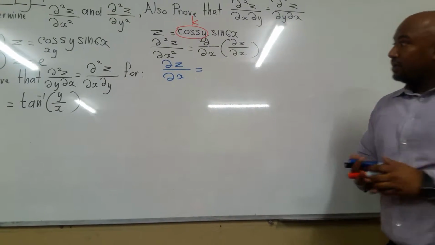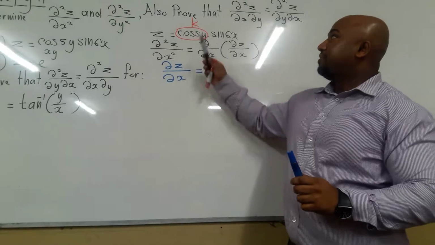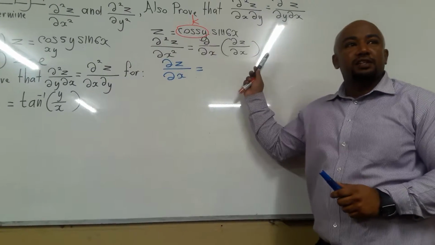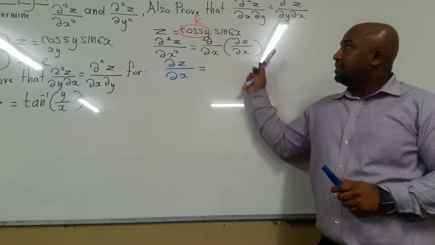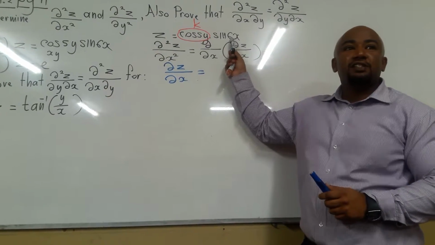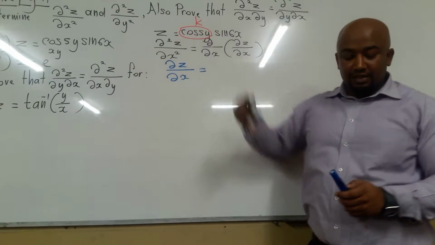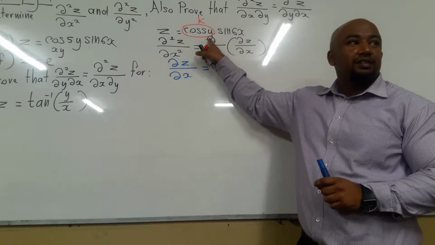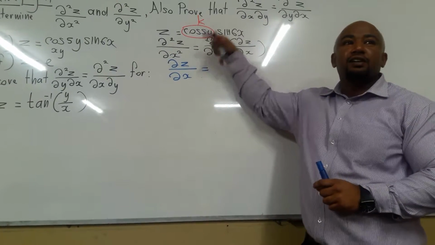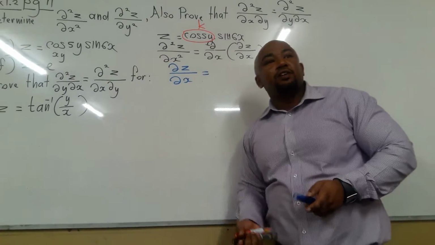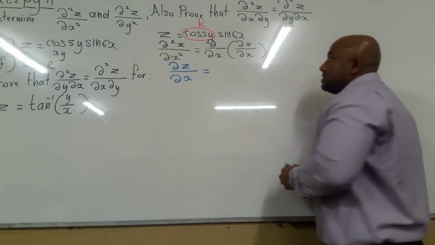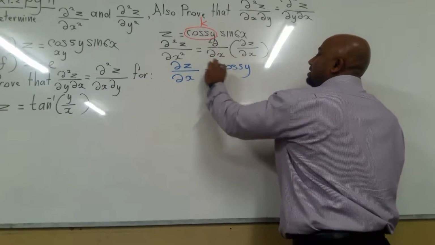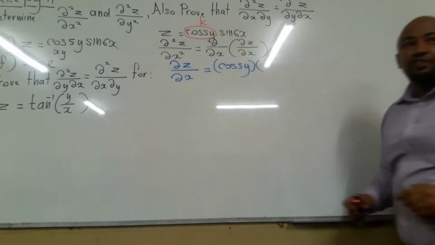Okay. So if I wanted to differentiate k sine 6x, what will the derivative of k sine 6x be? All I'm going to do is differentiate sine 6x and multiply it by k. Right, so you imagine cos of 5y, or you treat cos of 5y as it is a constant. Okay, so that will be cos of 5y times the derivative of sine 6x.